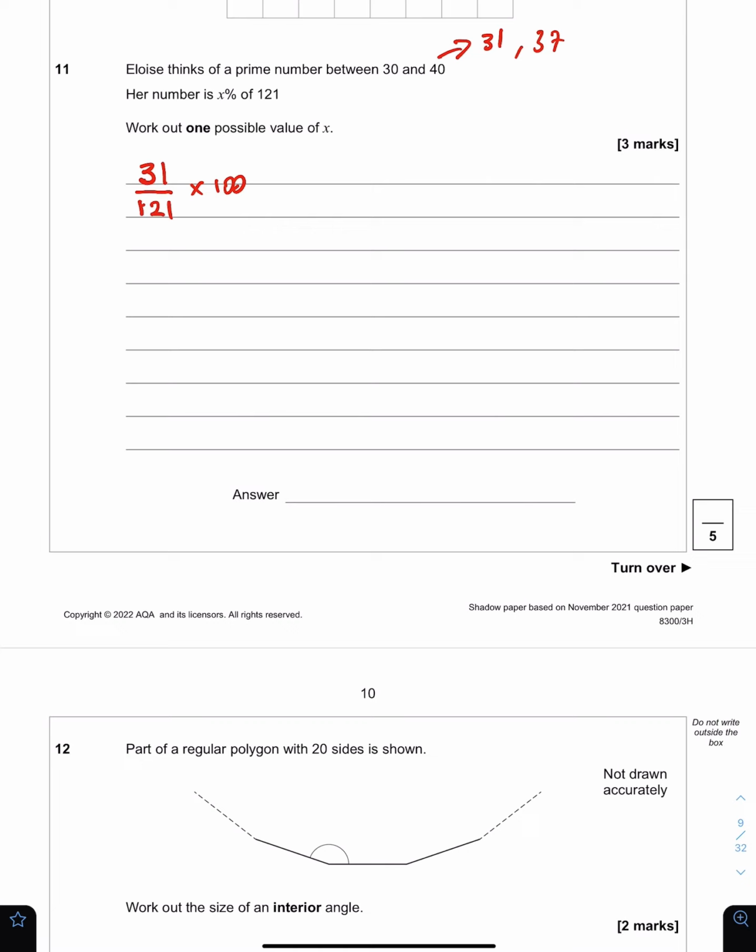So 31 out of 121, and then that times by 100. So that would be 25.6198... percent. So that's one possible value of X, which is cool.